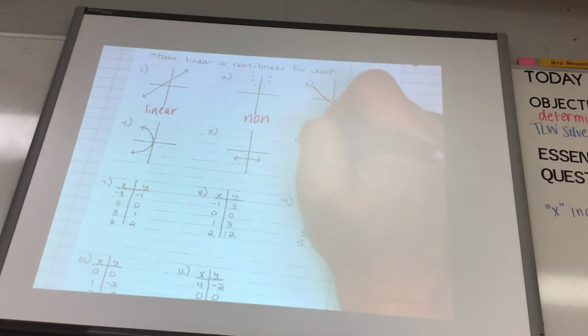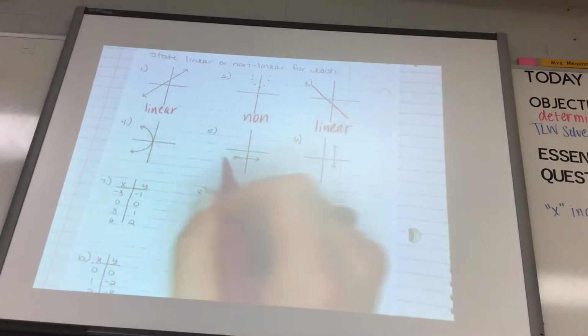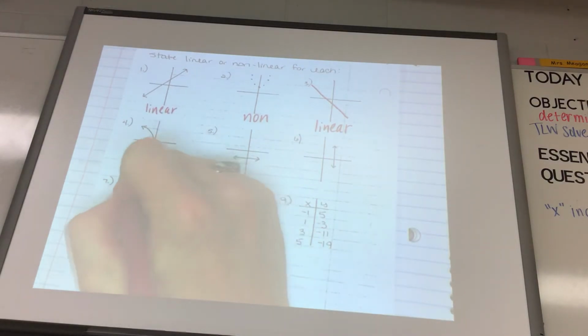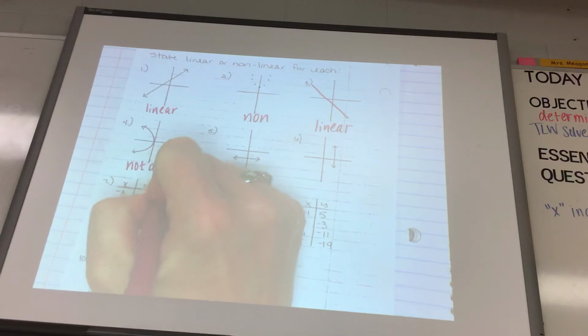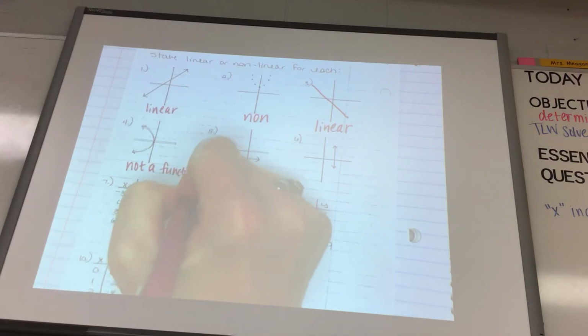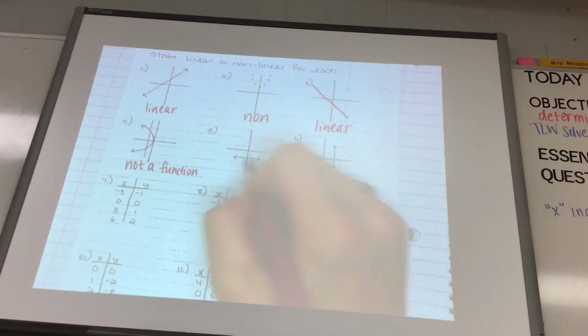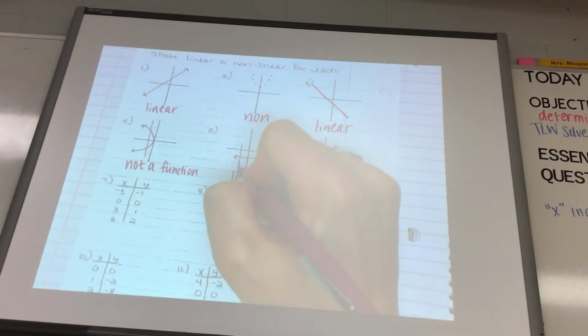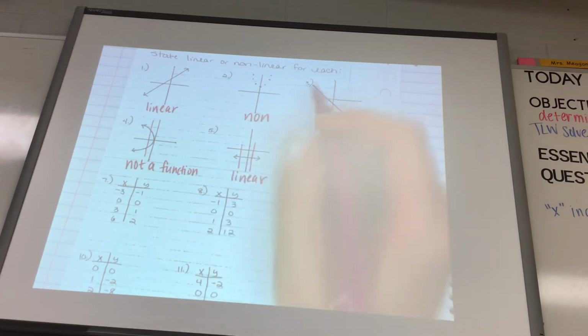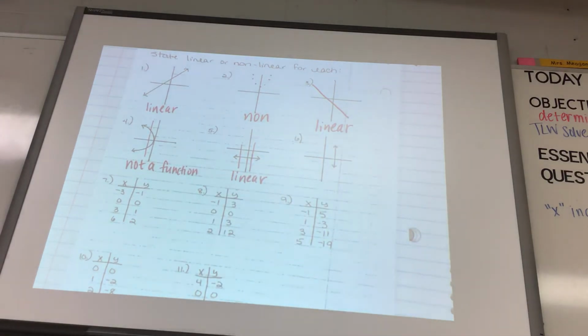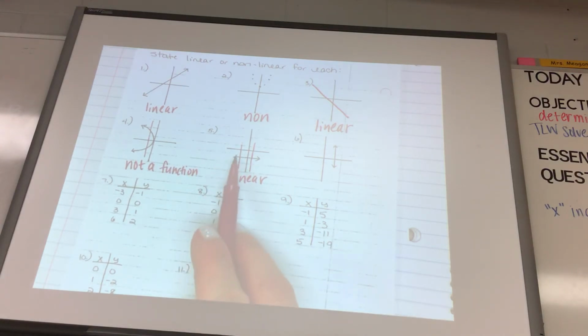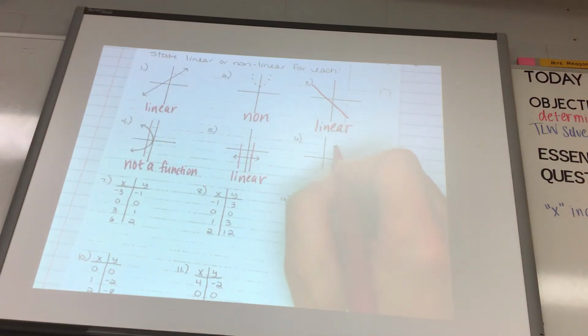No, it's not even a function. Our vertical line test would say it's not a function. Is this linear? Yes, it actually is linear. It would pass our vertical line test, and it is a line, okay? And this one is vertical, so it does not pass the vertical line test. It is not even a function.